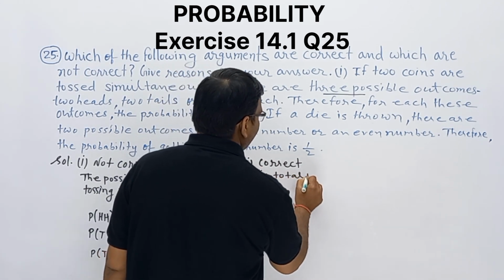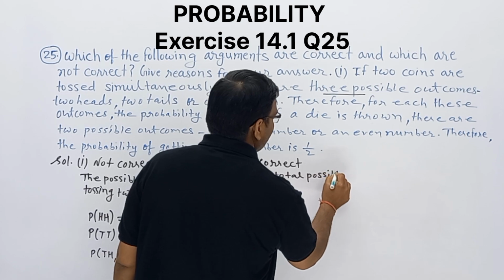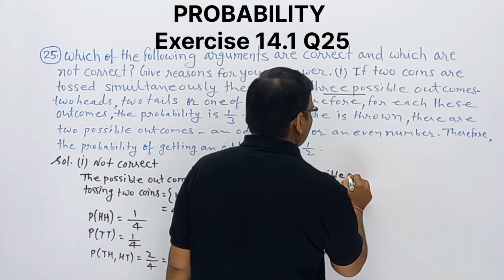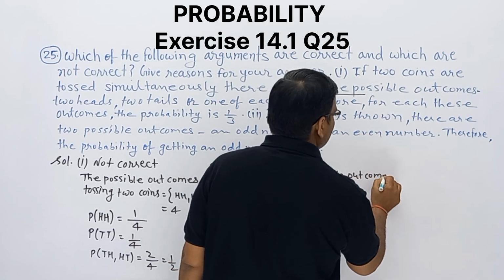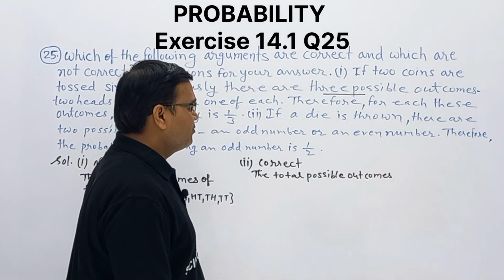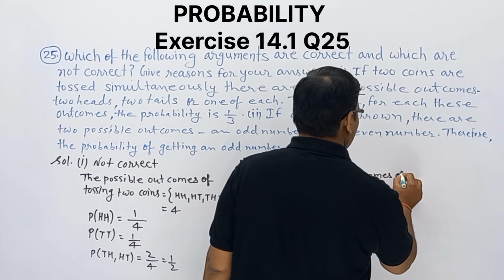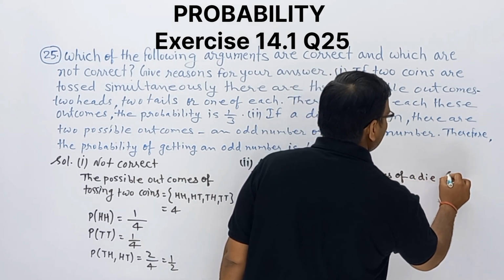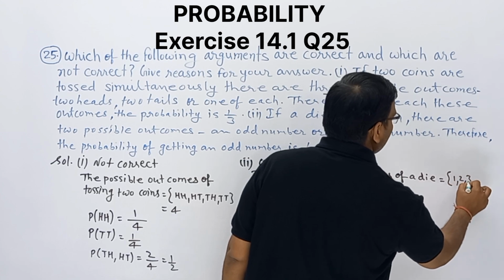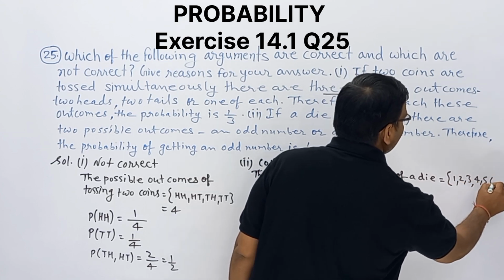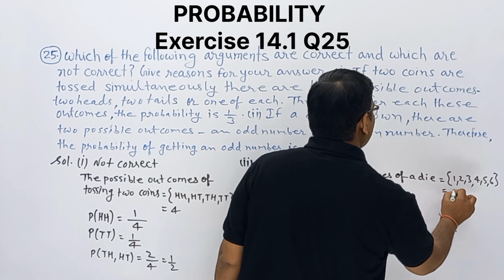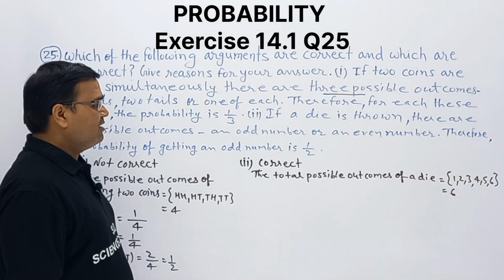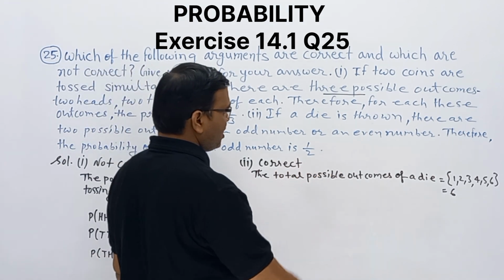The total possible outcomes of a die are 1, 2, 3, 4, 5, 6.